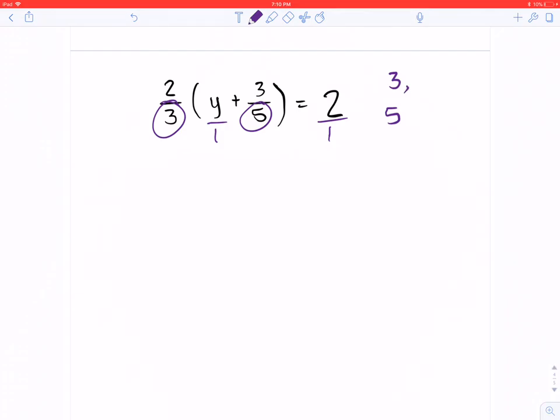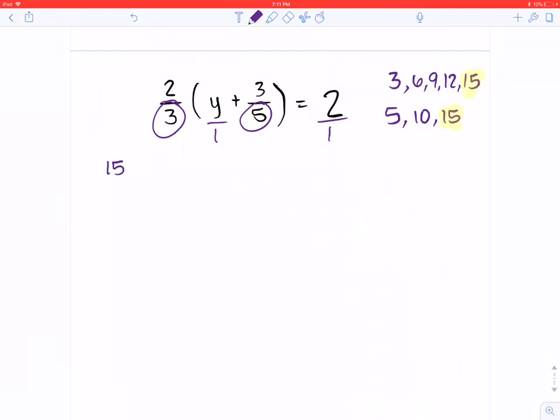So I have 3, 6, 9, 12, 15. 5, 10, 15. So the number I have in common is 15. I could also multiply 3 times 5. Sometimes that'll make my numbers really big. So we're really looking for the smallest common multiple or the least common multiple. So I'm going to multiply everything by 15.